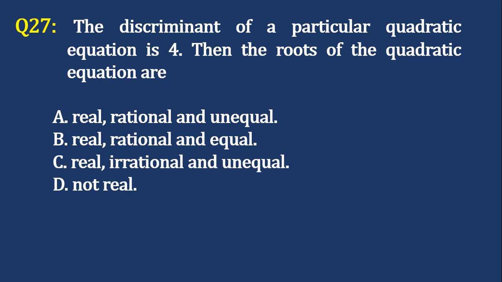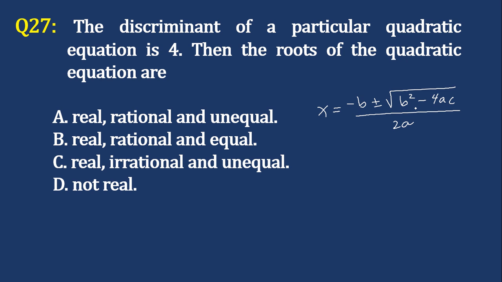Now, let's recall first the quadratic formula. Take note, the quadratic formula is given by x equals negative b plus minus the square root of b squared minus 4ac, all divided by 2a. So what's the use of the quadratic formula? We can use it to solve for the roots of a quadratic equation.